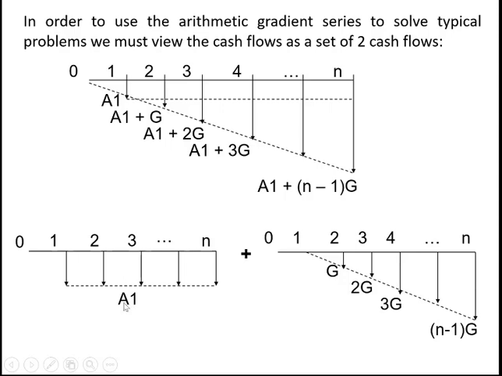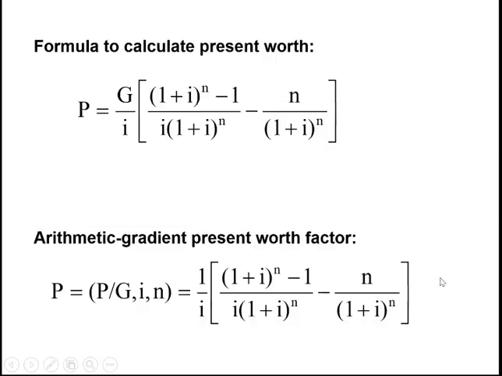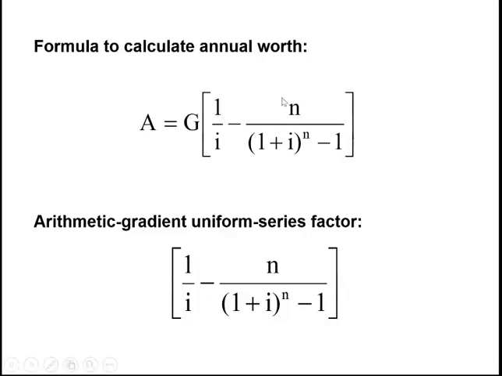For the annual value of the other part, we use this formula, where G is 2,000, i is 0.08, and N is 10.